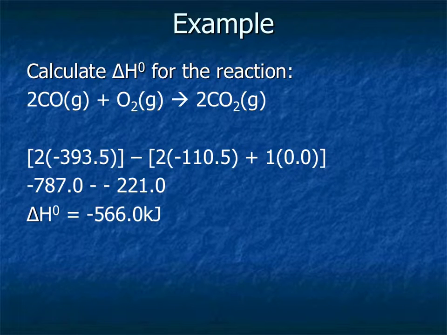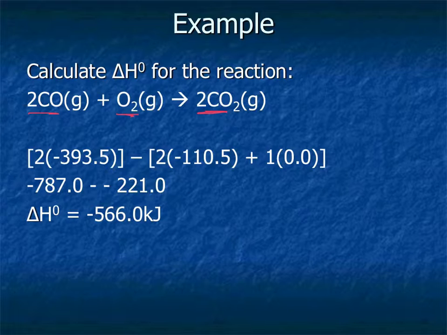So let's look at an example of how we do this. We're going to calculate the enthalpy for this reaction, and we have 2 moles of carbon monoxide, and then 1 mole of oxygen gas and 2 moles of CO2. So what is the energy associated with that reaction?